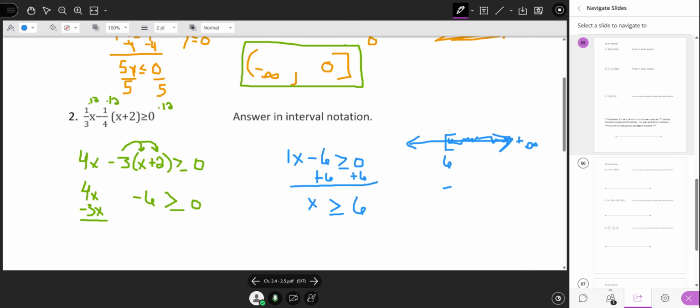Equal means a bracket, infinity means a parenthesis. And it did say interval notation.